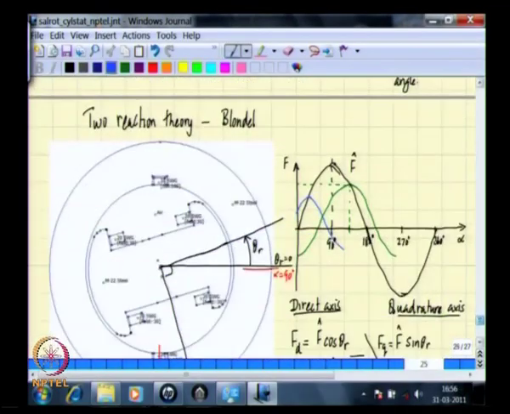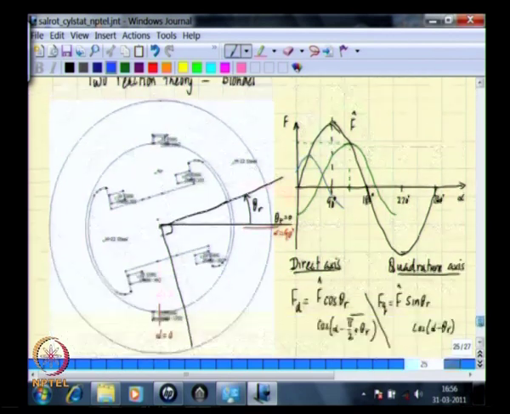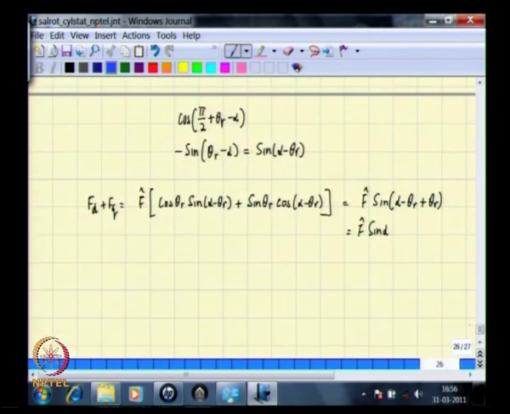One cylindrical rotor is associated with a small air gap, representative of the pole face regions, and the other rotor is associated with a large air gap, representative of the interpolar regions, and we need to add the two fluxes that are going to be generated.